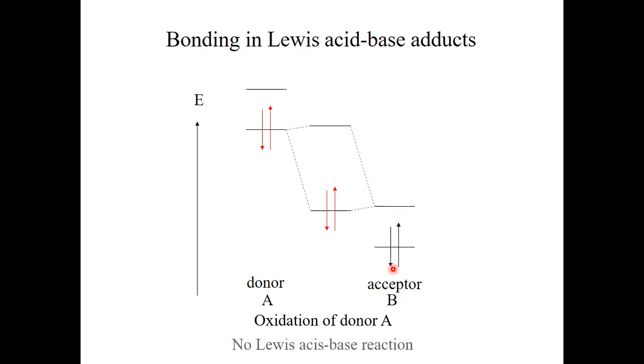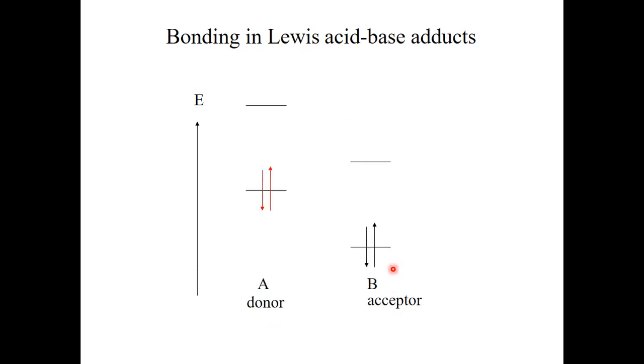Now we can also go in the other direction. Let's make the LUMO of the acceptor B somewhat higher in energy than the HOMO of the donor A. In this case, we can again form a bonding molecular orbital and an antibonding molecular orbital.